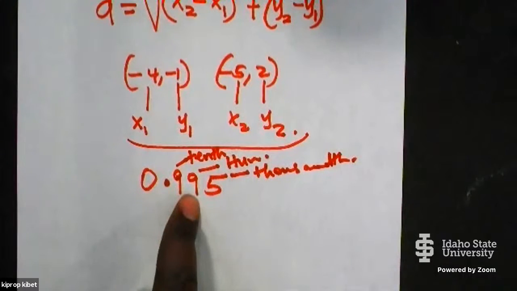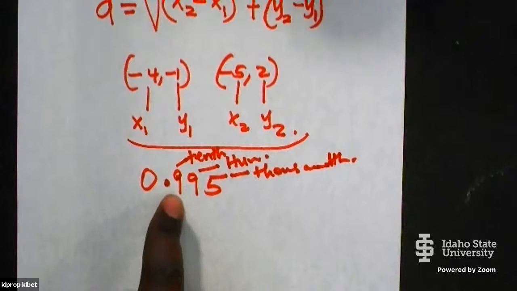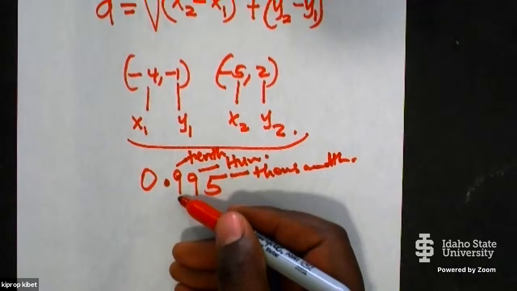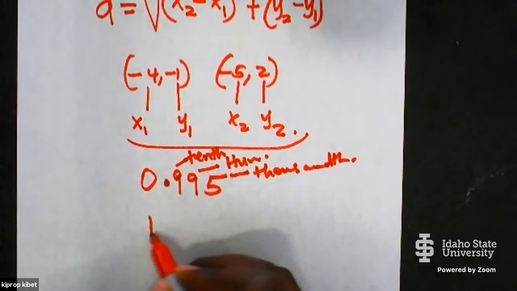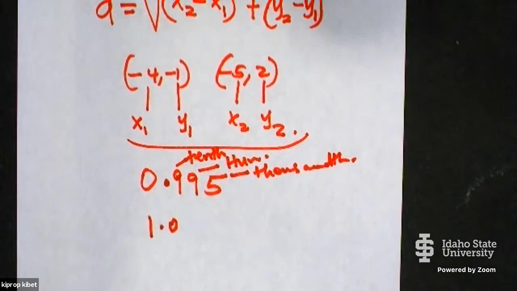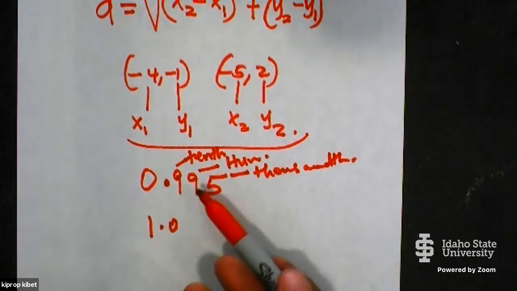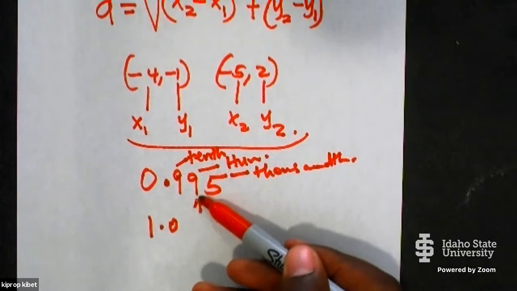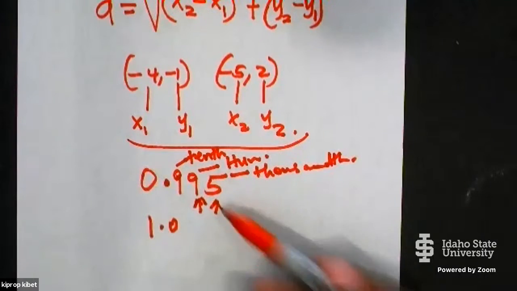If this digit is greater than or equal to 5, then we add 1 here. So in our case, if we are told to round to the nearest tens, and we add 1 here, then this will definitely equal 1.0. If it is to the nearest 100, then you look at this and also at the next one.